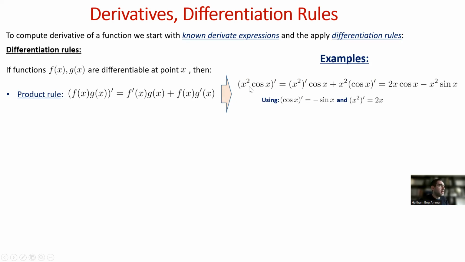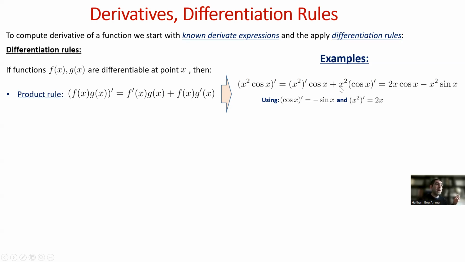Assume we have two functions, f of x equals x squared and g of x equals cosine of x. We want to compute the derivative of the product of these two functions, x squared cosine x, at some point x. Following this product rule, we first compute the derivative of x squared at this point x, multiplied by the second function, cosine x, plus the derivative of the second function, g of x, which is the derivative of cosine x, multiplied by the first function, x squared.